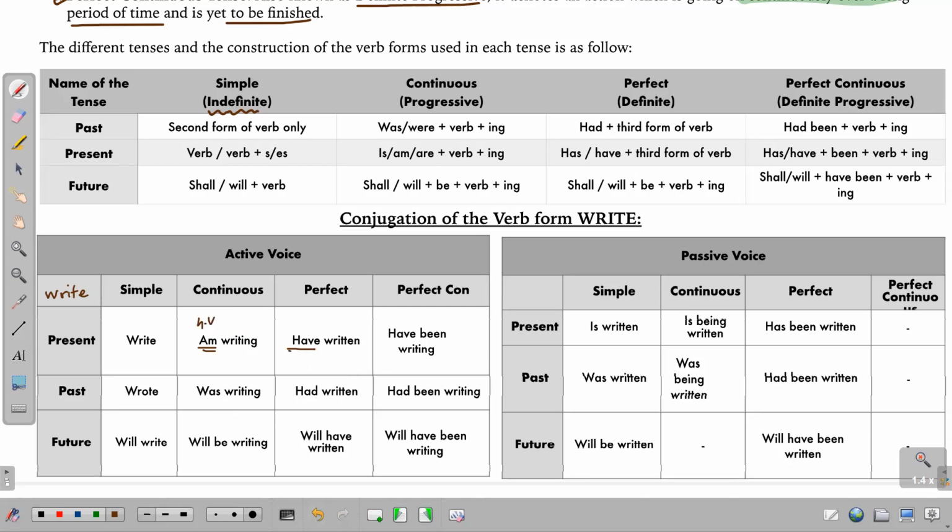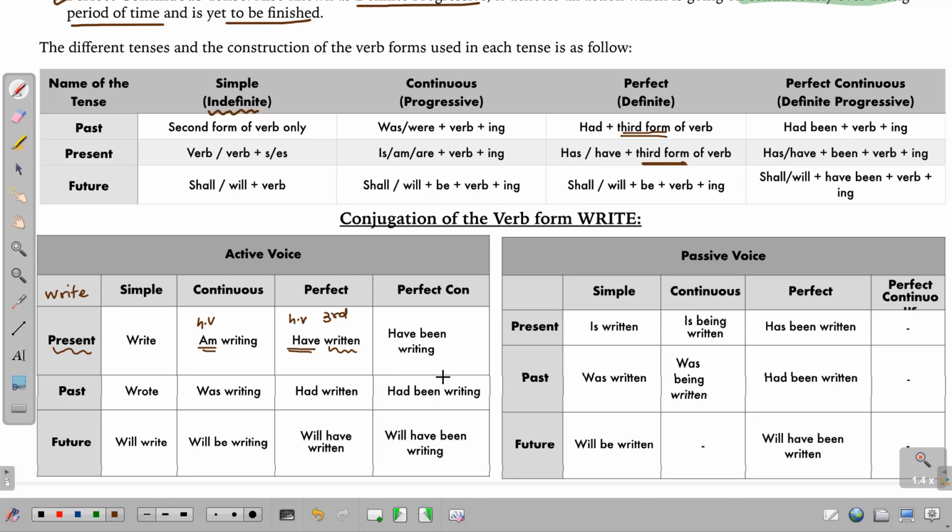Have written. The perfects are always denoted by have. And see, this is present and therefore we are referring to it as have. Why are we using have rather than has? He has written a book, but I have, because for I and you, the different persons, we use the plural helping verb. This is again a helping verb, but this is the main form. And this written is also called the third form of the verb.